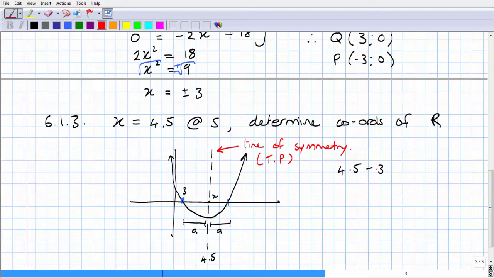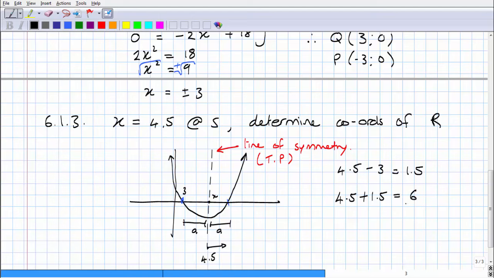So 4.5 minus 3 gives us 1.5. In other words, the distance from that 4.5 to the next cut must also be 1.5. So if we have 4.5 plus 1.5, because it's on the other side, we must get 6.